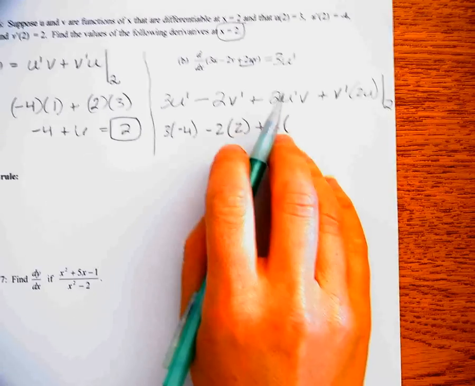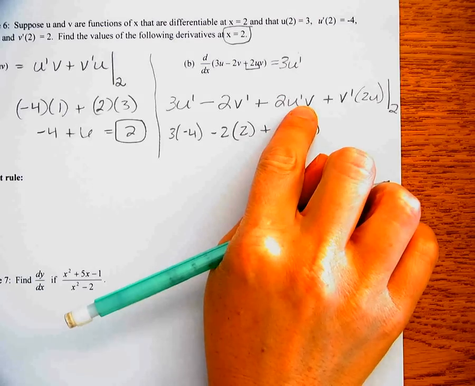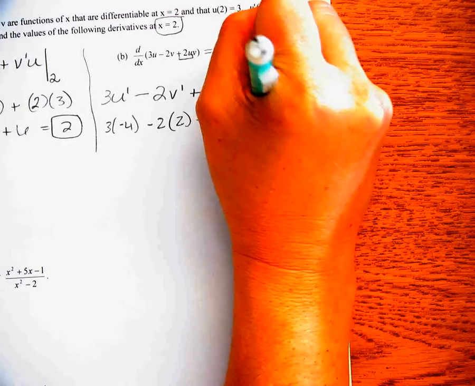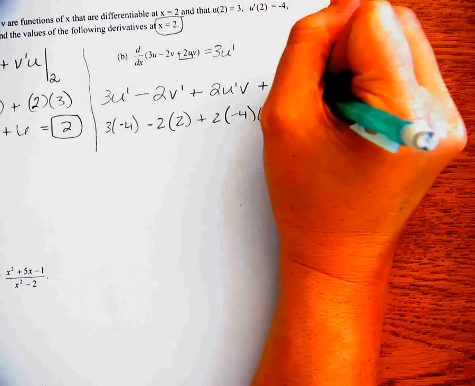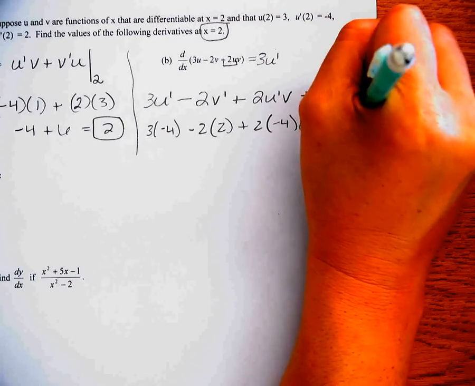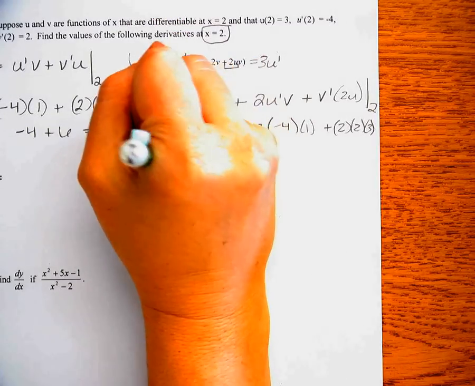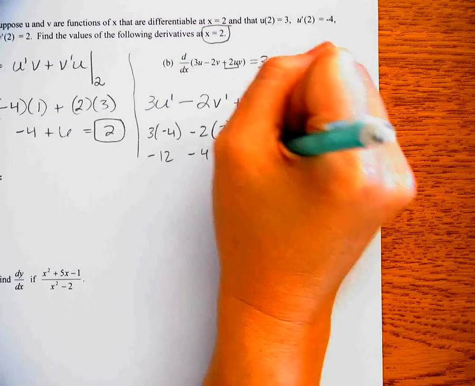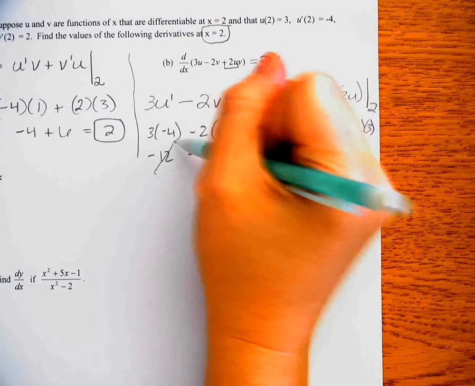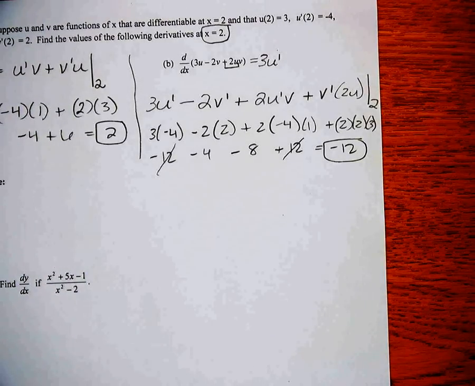Plus 2 times the derivative of u at 2, which is negative 4, times regular v at 2 over here, which is 1, plus derivative of v at 2, which is 2, and then times that 2, and then times regular u at 2, which is 3. So I get negative 12 minus 4 minus 8 plus 12. So these guys basically cancel, and I have negative 12 as my answer to part B.